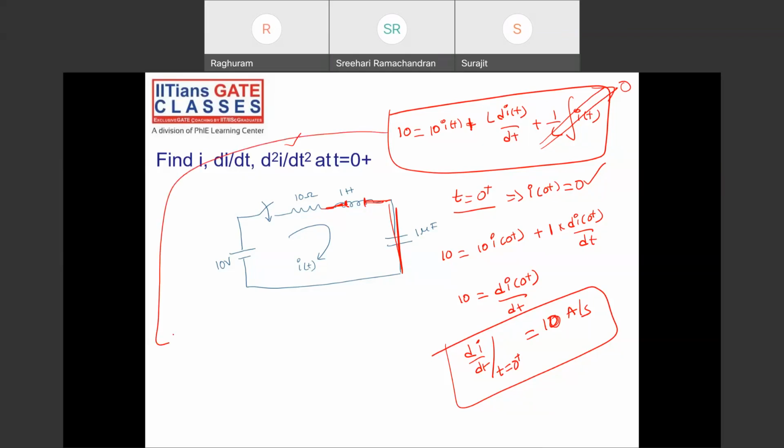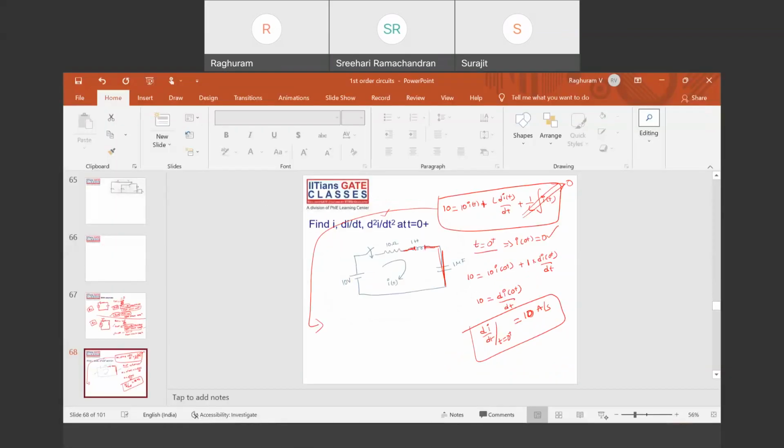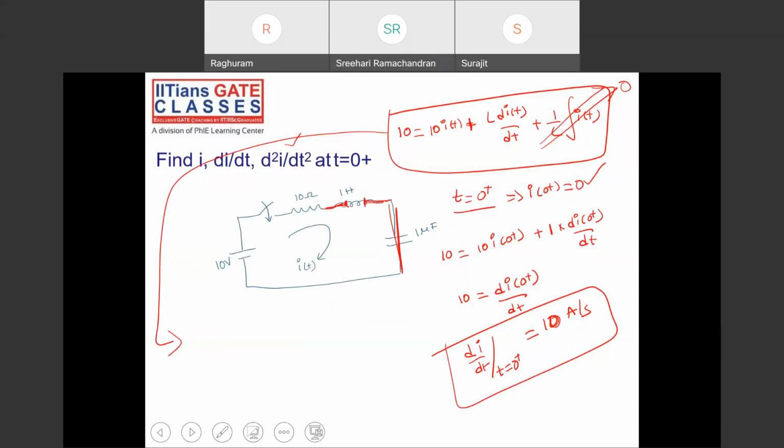So, bringing this equation here and differentiating it again, you will get: the differentiation of 10 is 0, equal to 10 into di by dt plus L d square I by dt square plus 1 by C I of t.